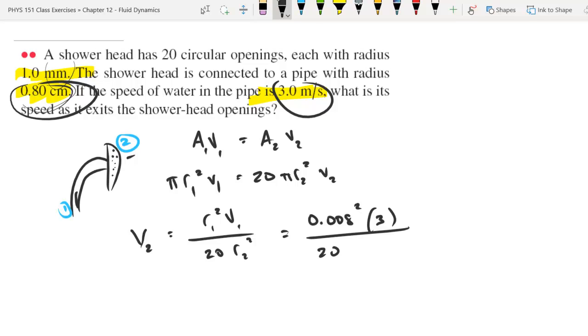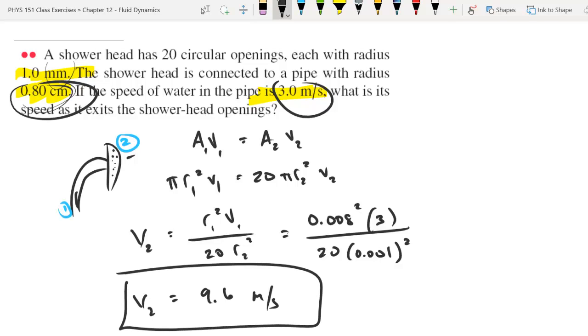The radius is 1 millimeter, so this is 0.001 squared. Okay, and so we end up here with the speed that it exits. It ends up being 9.6 meters per second.